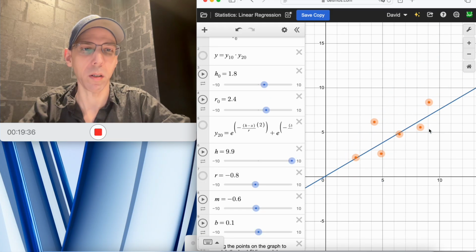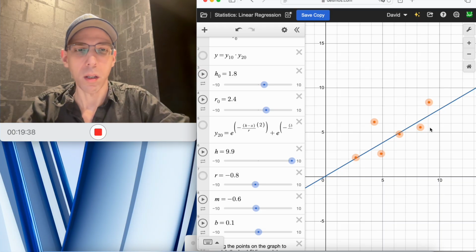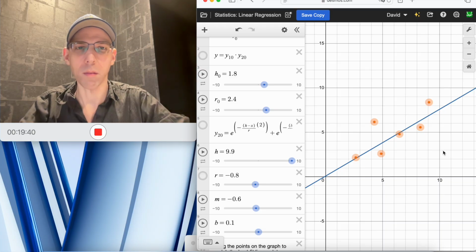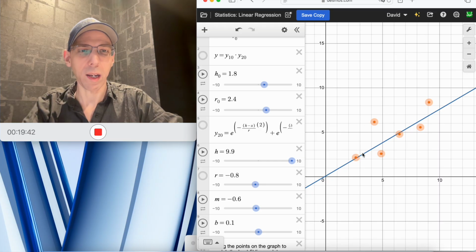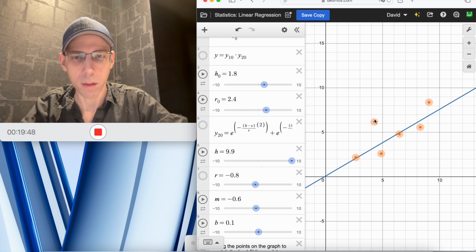And like I said, we can make all of these points here, but that's not really the best thing because we don't have every point between these. So really, we just want an average line.